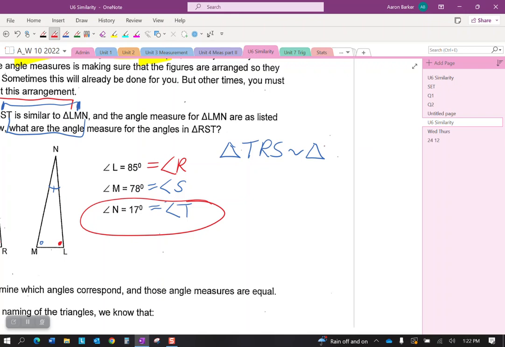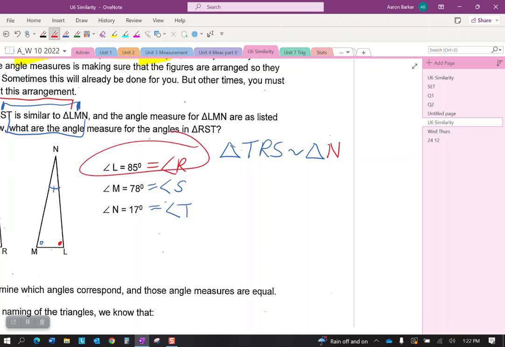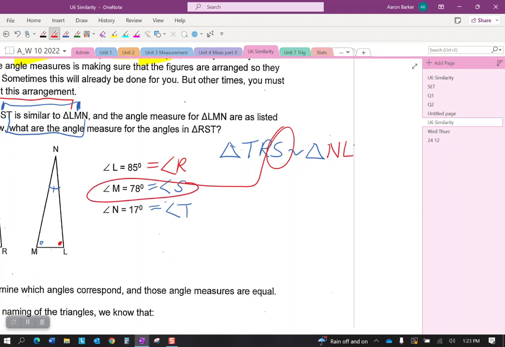N. So N must be the first letter of the name of the second triangle. What about the middle letter? R is in the middle, so L must be in the middle because they are equal. And what about the last letter? It's S over here, so that means it's got to be M over there.